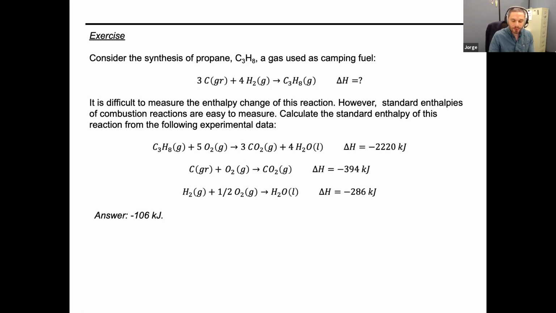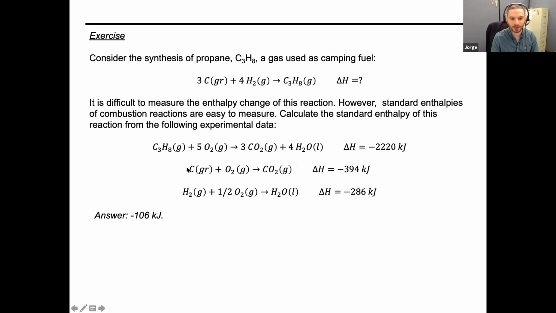Before we add up reactions, we have to make sure the amount of each of the reagents and products reflects the amounts in the problem reaction. Let's start with carbon graphite. We must have 3 molecules of carbon graphite. Our reaction only shows 1. To match these two reactions, we are going to multiply the second reaction by 3.